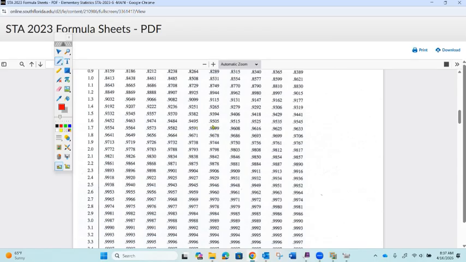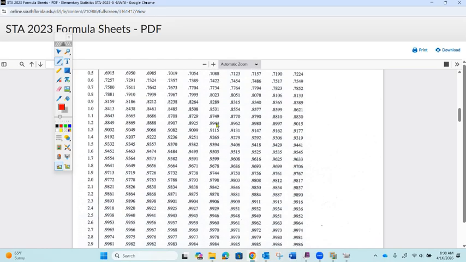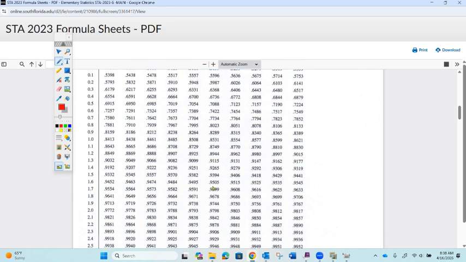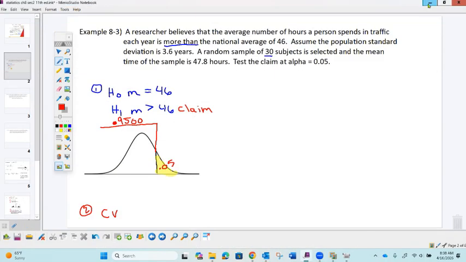Now remember, the textbook that my class is in tells you to always go to the right. You don't average them in this textbook. So we are going to do 1.6. Because there was a tie, I went to the right. 1 was 5 above, 1 was 5 below. And up here, my next digit would be 5. So it is going to be a positive 1.65 for my critical value.